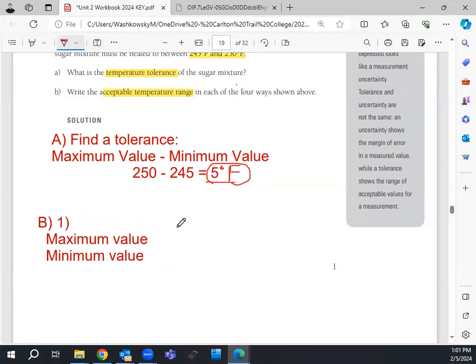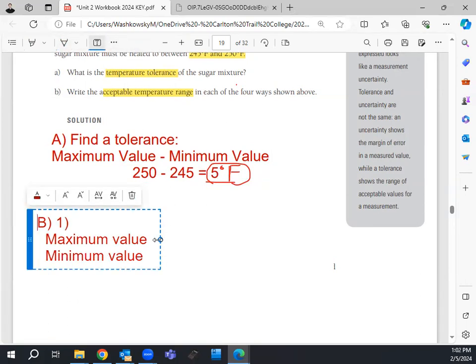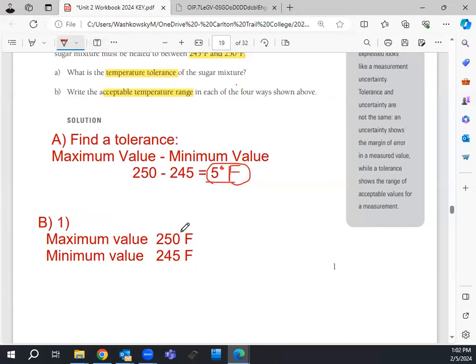So again, what's the hottest our candy can be? 250. So maximum value is 250 degrees Fahrenheit. And then what's the coldest it can be? 245 degrees Fahrenheit, right? So all you're literally doing is just writing down those 2 values. So that's one way of showing it.